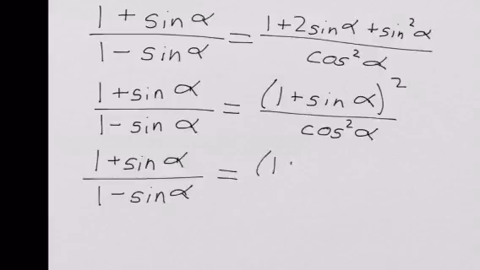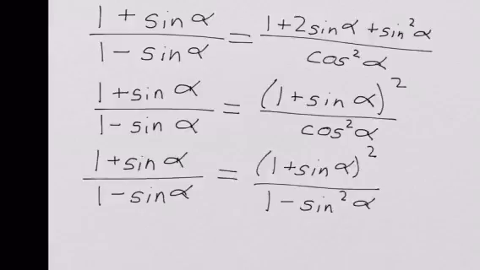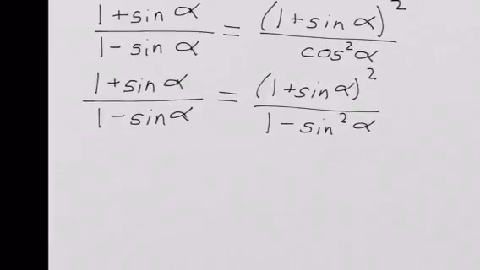I'll leave the numerator the same for now: 1 plus sine alpha squared over 1 minus sine squared alpha. So now I can go ahead and factor the denominator on the right-hand side.